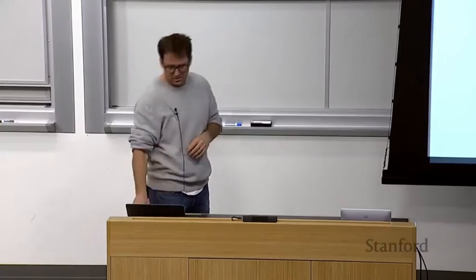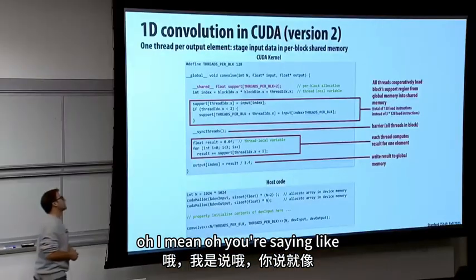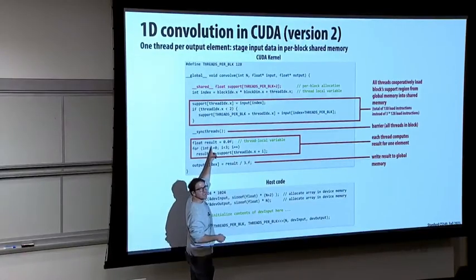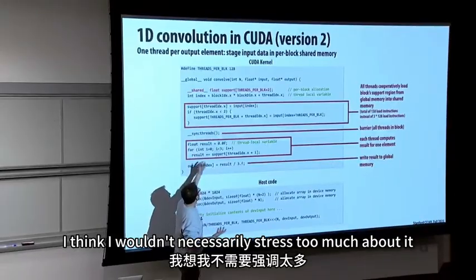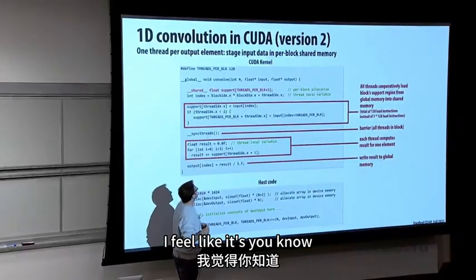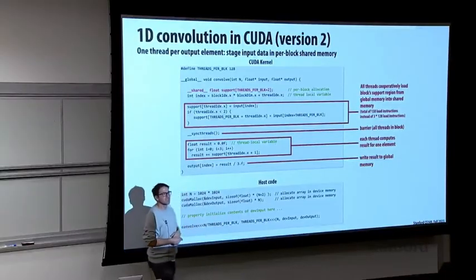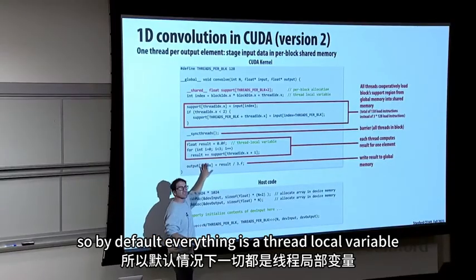Why do we need a separate thread local memory and a block memory? Why couldn't we have a large block memory? So you're saying, why do I have local variables like result? I wouldn't stress too much about it. Clearly the programming model needs to allocate thread local variables. By default, everything is a thread local variable.